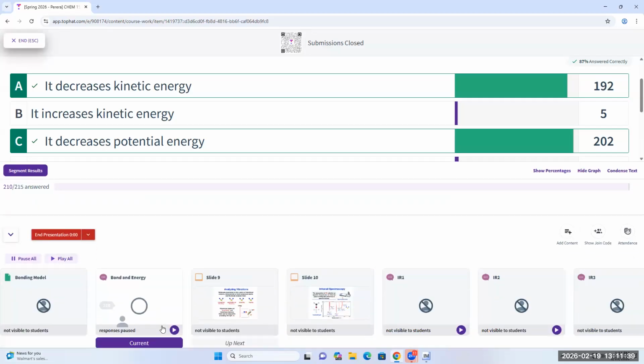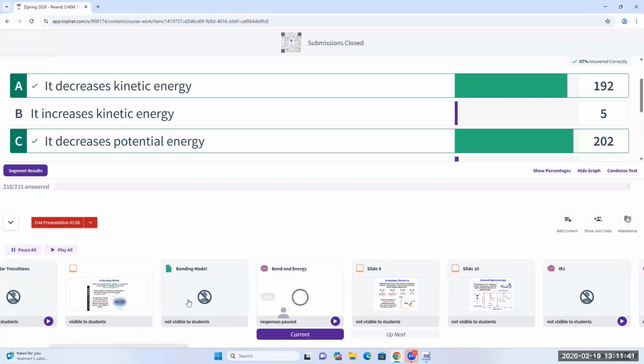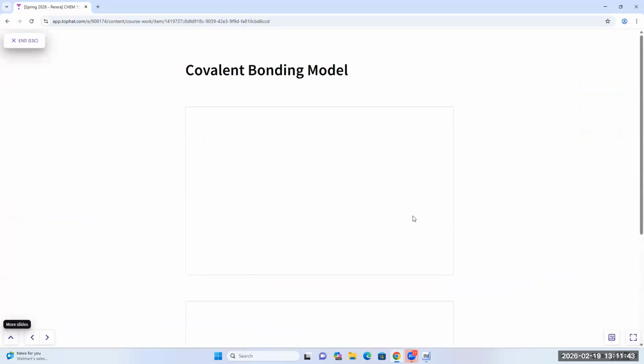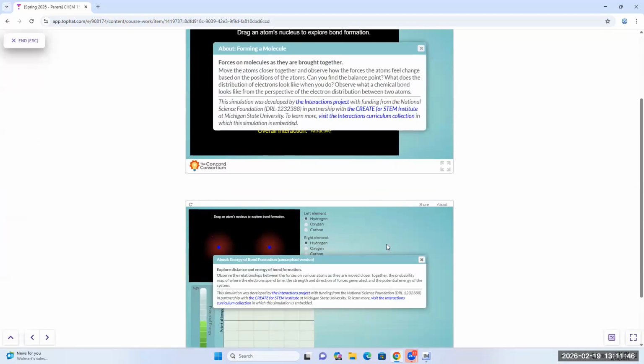Now, one other thing I want to point out, because you're going to see this in questions. You have this simulation available to you on Top Hat. Look at this. This is hydrogen. When I bring the atoms together, this is where we have the bond. That's the minimum, and it generated this curve in the potential energy versus distance diagram.